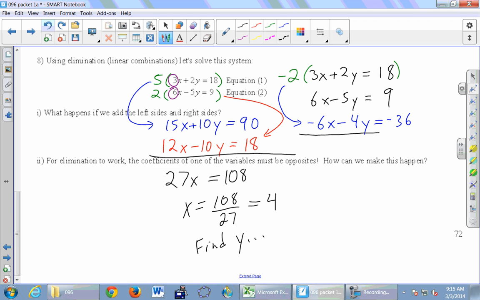And then we're just going to add these two equations as they currently sit. What happens with the x's? They cancel. How many y's do we get? -9y. Add over here, being careful with the signs. -27. And then divide both sides by -9. And we get y equals 3.